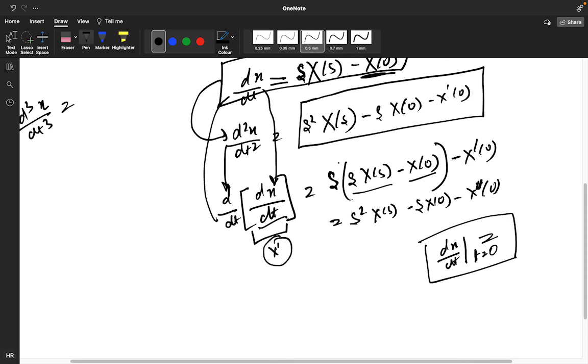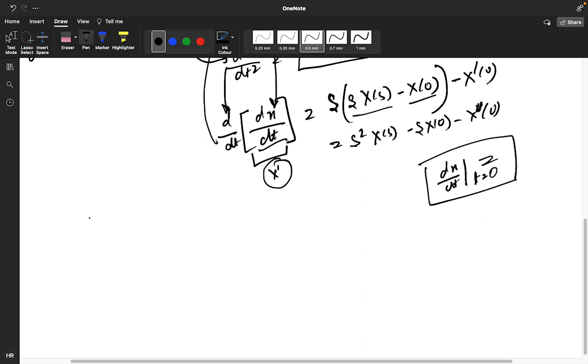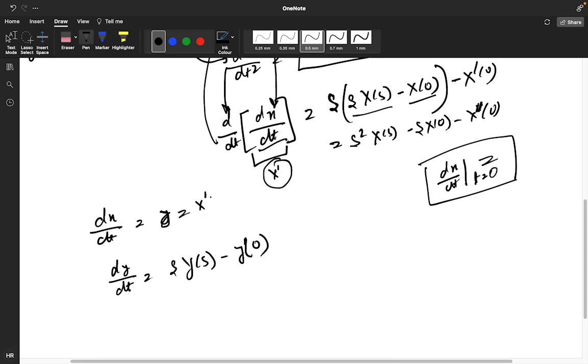Let's suppose dx by dt is your y function, and you are doing the Laplace transform of dy by dt. So what will you get? s y of s minus y of 0, and this y can be represented as x dash. x dash means it's a differentiation function.